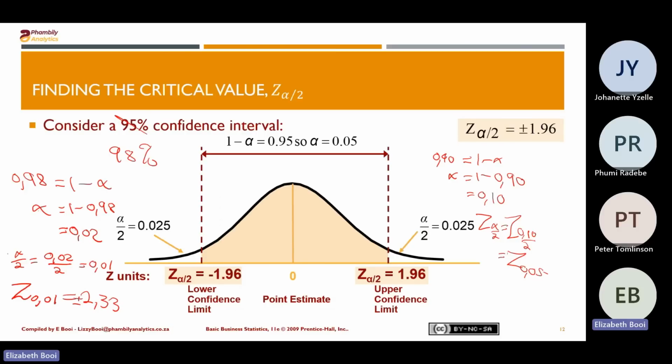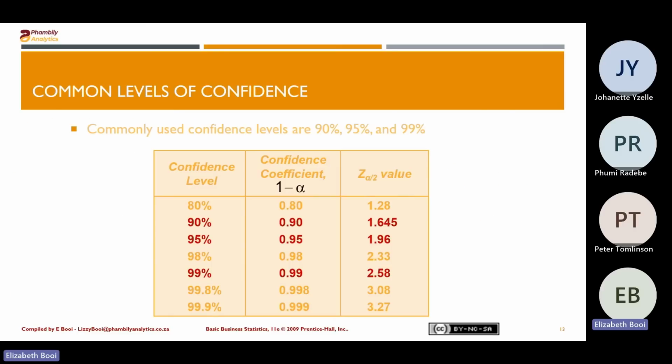You can learn how to find the confidence intervals and critical values by using the formulas like this, or you can memorize this table. There are common confidence levels that are used in your module: 90, 95, and 99. Sometimes they do include 98, but 95 is the most used, and 90.